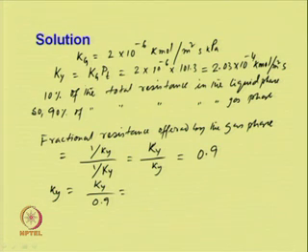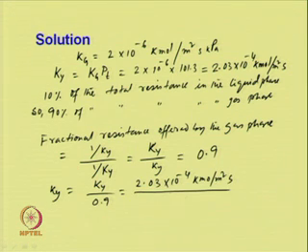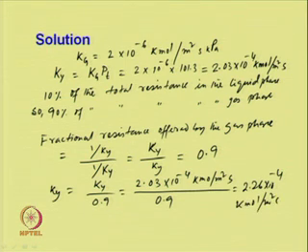will be capital K y divided by 0.9. If we substitute capital K y, 2.03 into 10 to the power minus 4 k mole per meter square second divided by 0.9, which is equal to 2.26 into 10 to the power minus 4 k mole per meter square second.